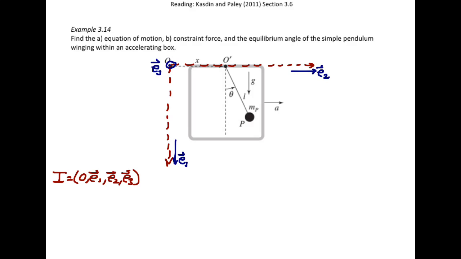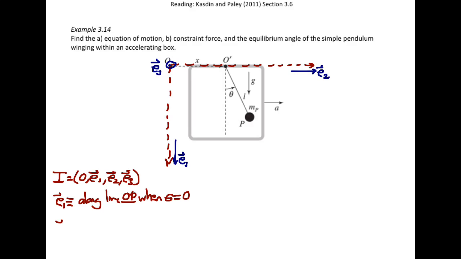And so let's define each one of those explicitly. So E1 is defined as a vector pointing along the line O prime P when theta is equal to 0.